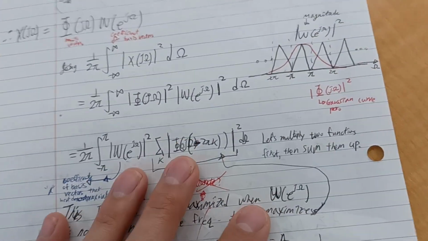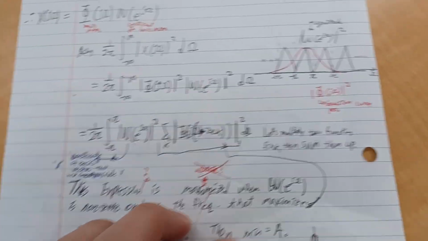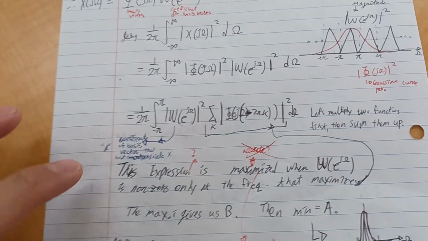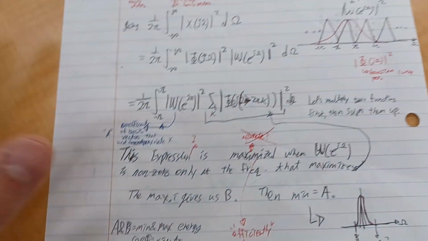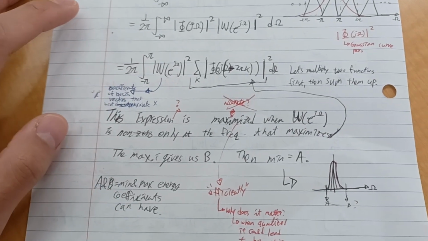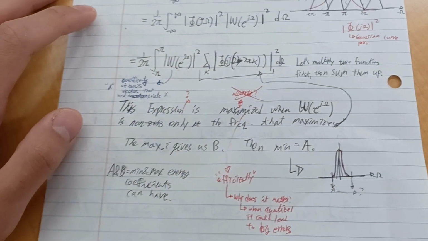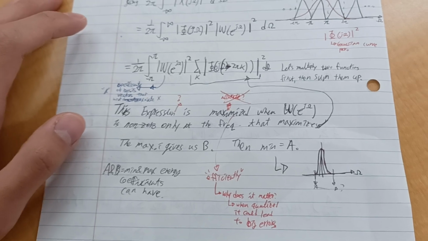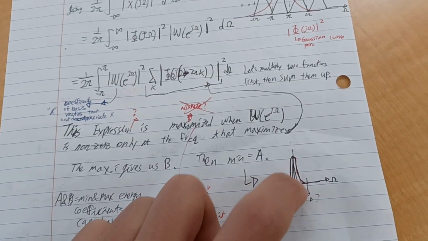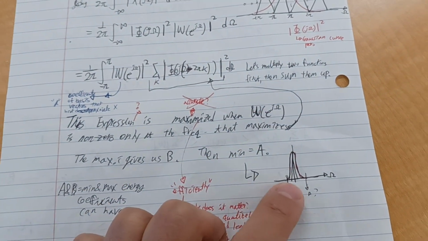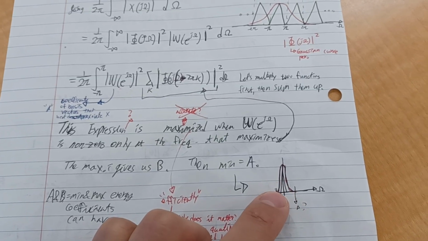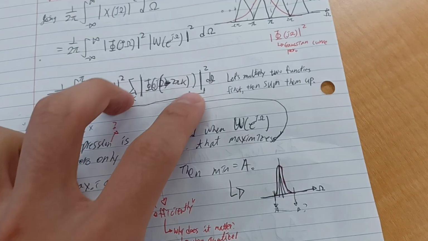And so we eventually get this thing, and this whole expression is maximized when w is non-zero only at a single point. It will be just one single line here, only at the frequency that maximizes this thing.